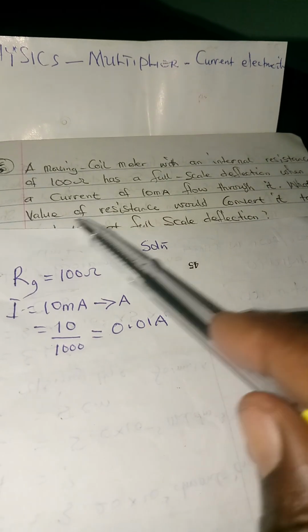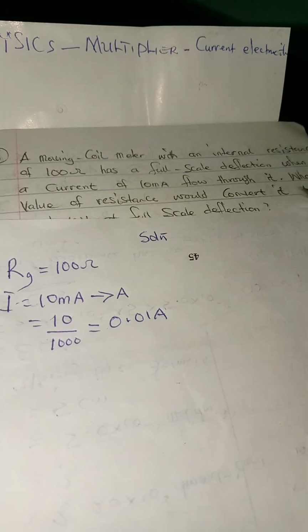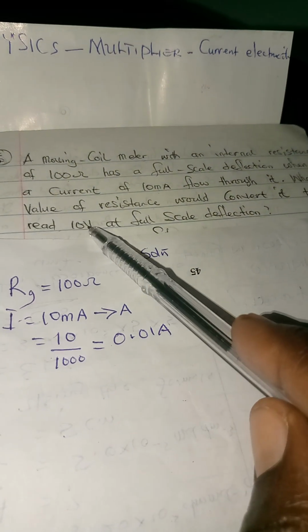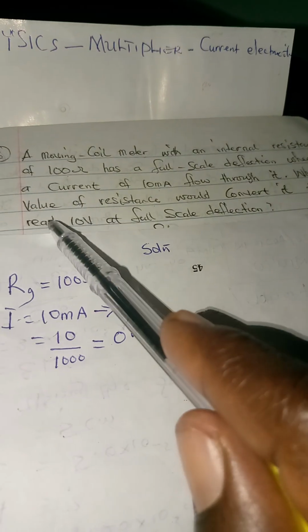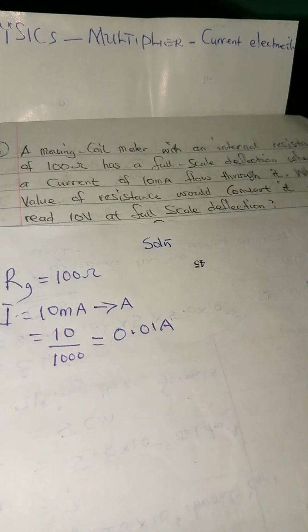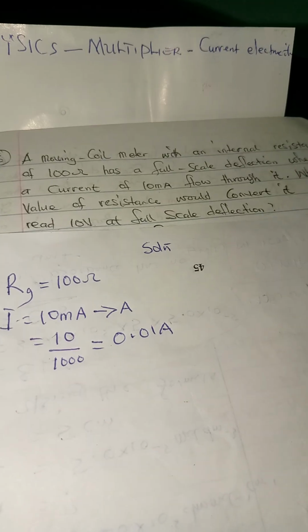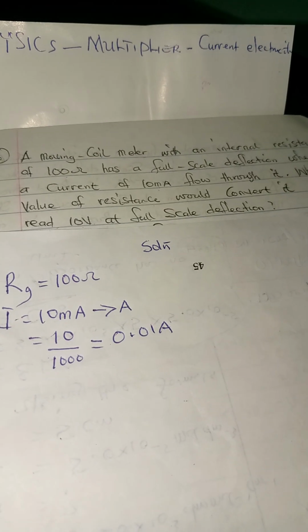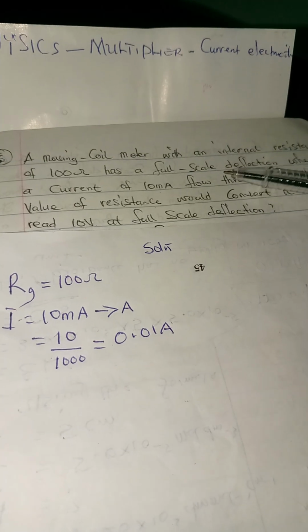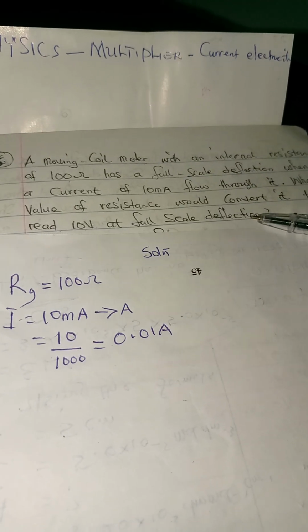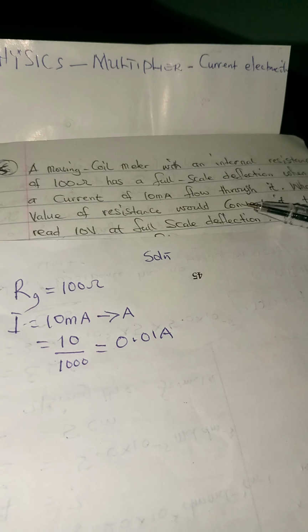What value of resistance will convert it to read 10 volts? Now, calm down. A multiplier is used to convert the galvanometer reading to volts, or to full voltmeter reading.